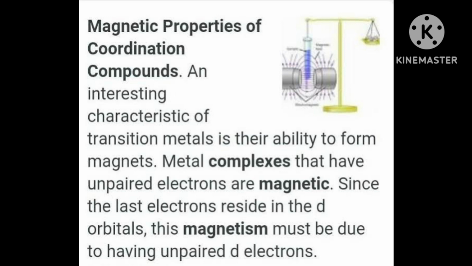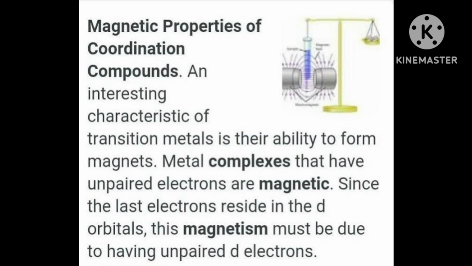Mn(CN)6 3-, Fe(CN)6 3-, and Co(C2O4)3 3- are inner orbital complexes. This explanation of magnetic properties is given by VBT, valence bond theory. How?